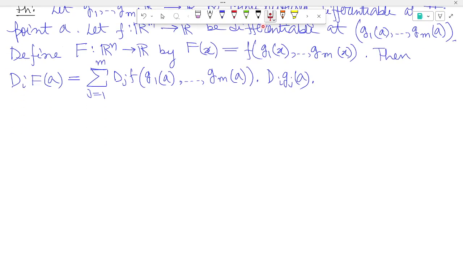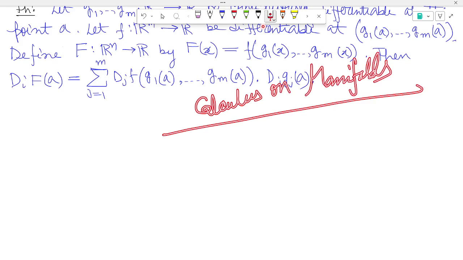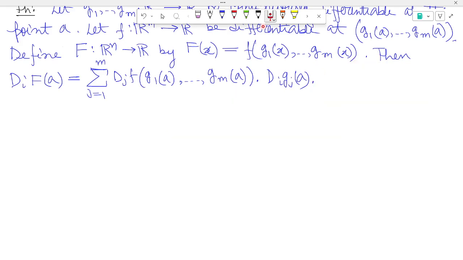Again, I am saying these are all written in Spivak's book, Michael Spivak. The book name is Calculus on Manifolds. Okay. So let me prove this first. This is the last theorem.